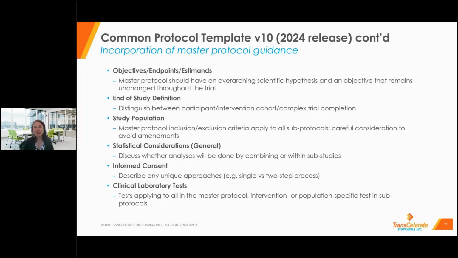There's now additional guidance in the statistical analysis section, and also in the informed consent section, there is instruction on a two-step process for consent, where consent is provided for the master protocol and then subsequently for the sub-protocol. Next slide, please.